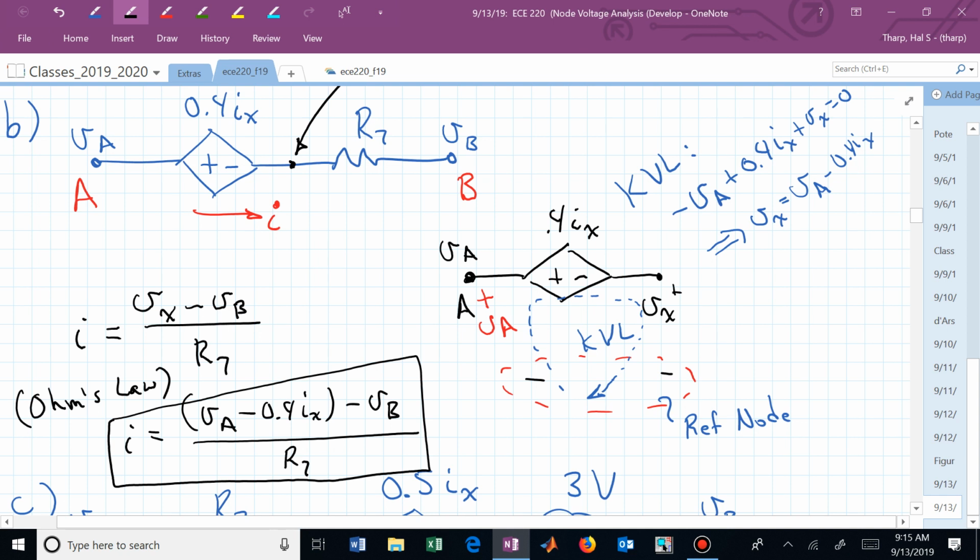And that's now a valid expression for I in terms of the unknowns in our circuit, V sub A, V sub B, and that dependent current I sub x.